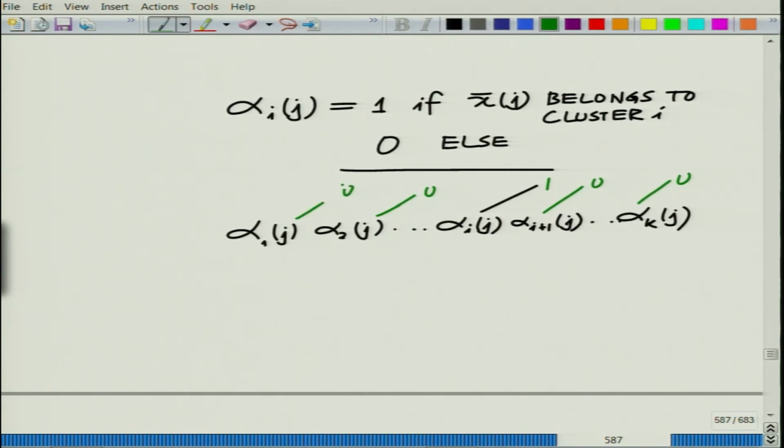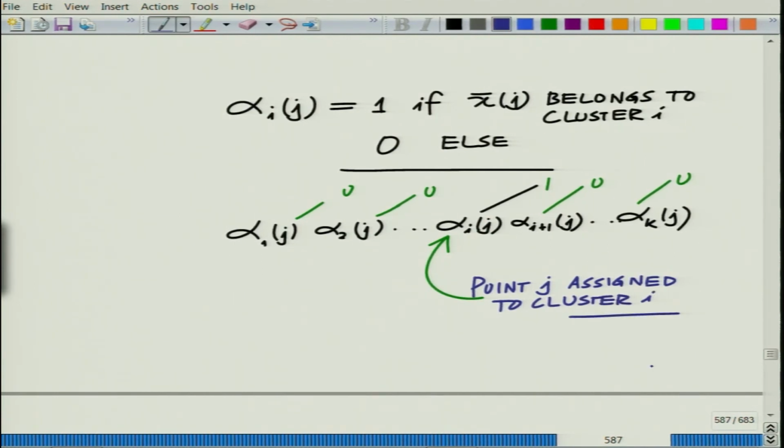This implies that point j, that is x bar j, is assigned to cluster i. So for a given j only one of the alpha i j's can be non-zero, because the fundamental assumption is that each point can be assigned to only one cluster.